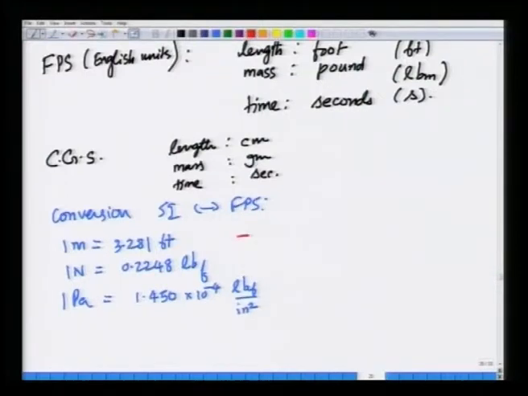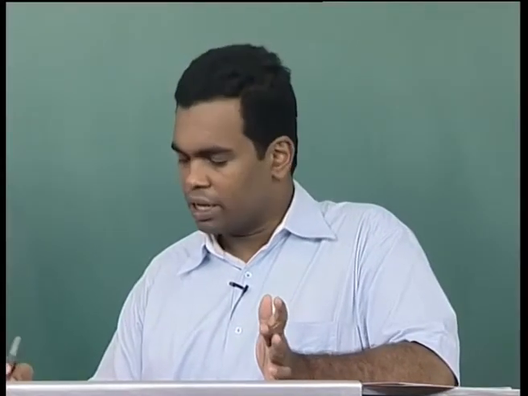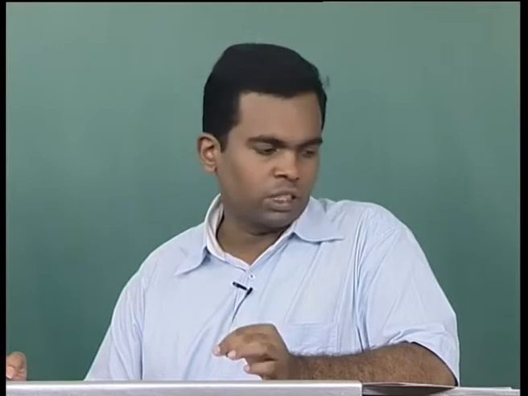So, for example, 1 meter is 100 centimeter. If you were to convert this to CGS units, 1 Newton force is 10 to the power 5 dynes. And 1 Pascal is 10 dynes per centimeter squared and so on. Okay. So, one should be able to convert from one form of units to another by looking up textbooks or tables, but in this course we will follow only SI units. Okay. That is the accepted system of units.